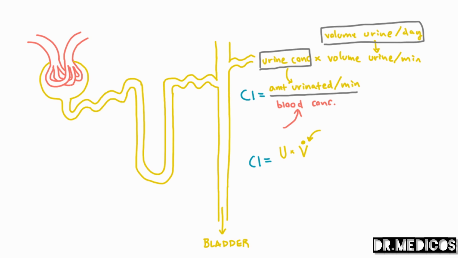So that's a urine flow rate, divided by the plasma concentration of the substance. Sometimes you might see UX and PX and CLX, meaning the clearance of substance X is equal to the urine concentration of substance X times the urine flow rate divided by the plasma concentration of substance X.